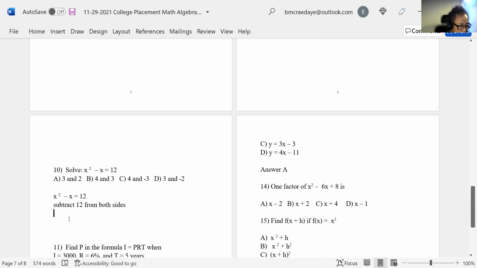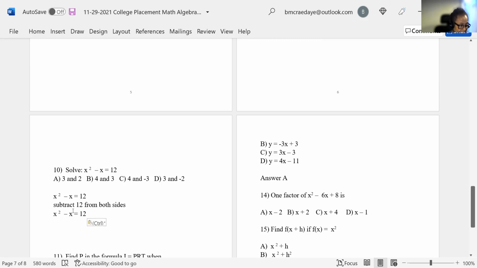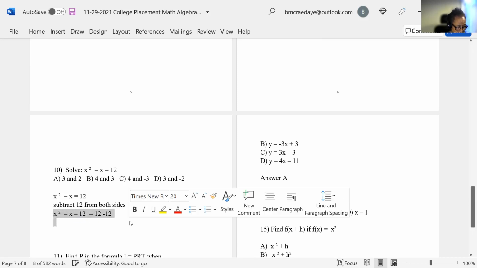Ax squared plus bx plus c equals 0. So let's just do that. Subtract the 12. The right side, subtract the 12. What's 12 minus 12? 12 minus 12 is 0. That's right, 0.